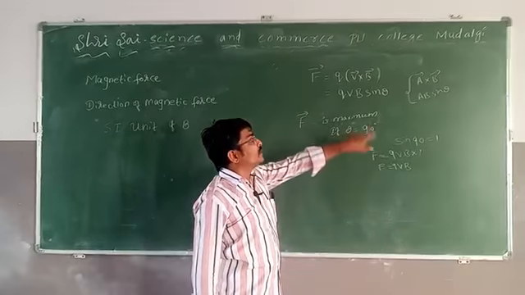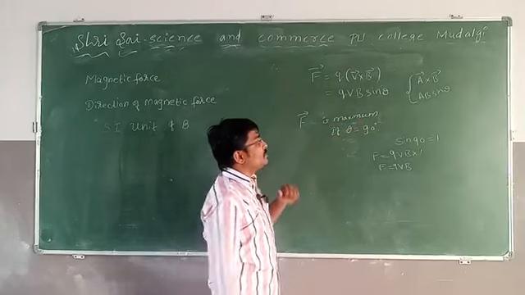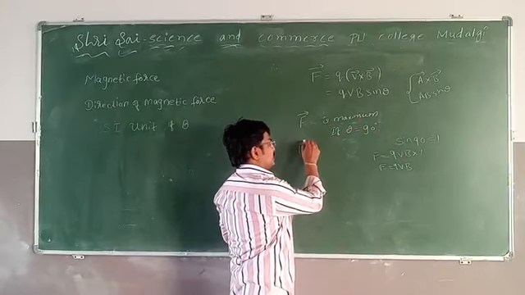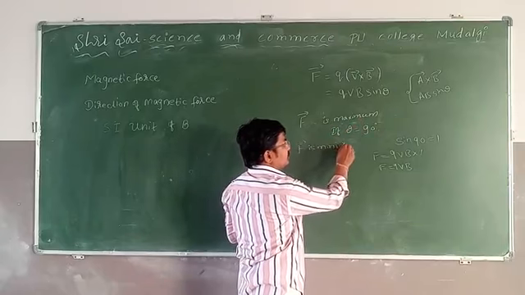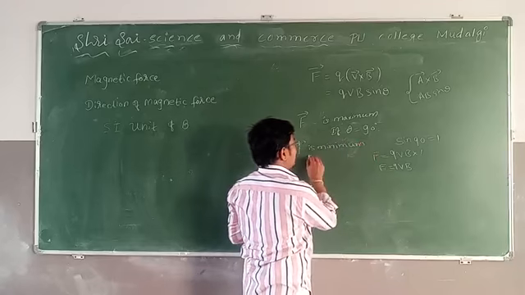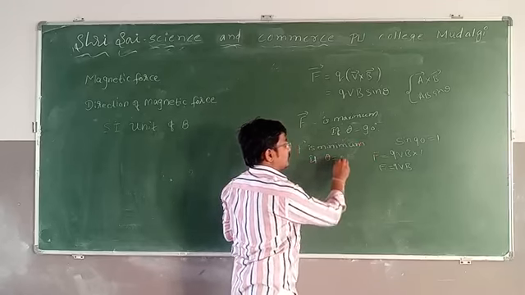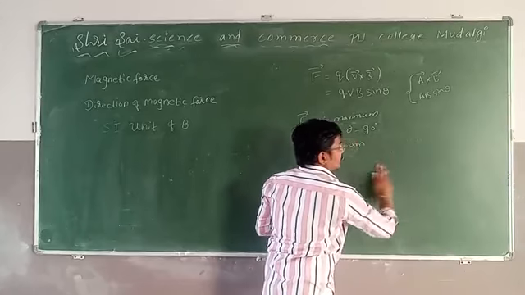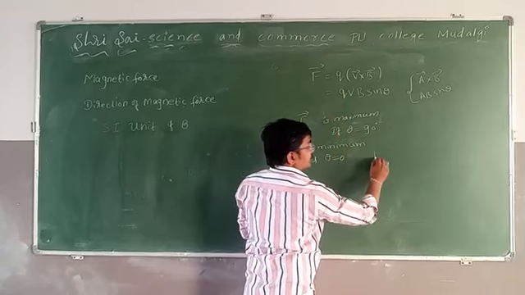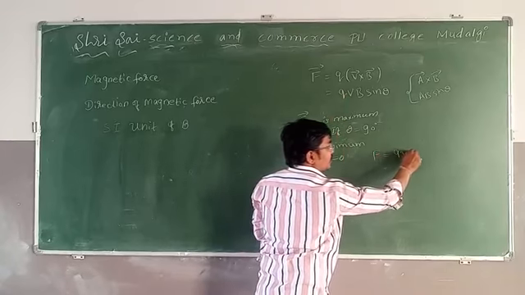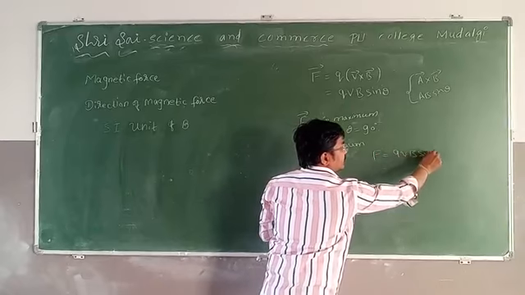When is F minimum? Yesterday I explained this. F is minimum if theta is equal to 0. If theta is equal to 0, think about it, what happens in this equation? F is equal to QVB sin 0.